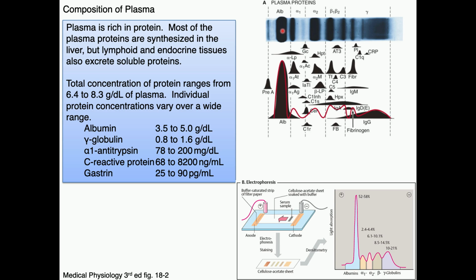Okay, so a couple things that I'll point out here. So albumin, this is by far the most abundant protein in the blood, and it has diverse functions, and I'm going to talk about all of them one by one shortly. So albumin is made by the liver, and it's kind of like the styrofoam packing peanuts of the blood.